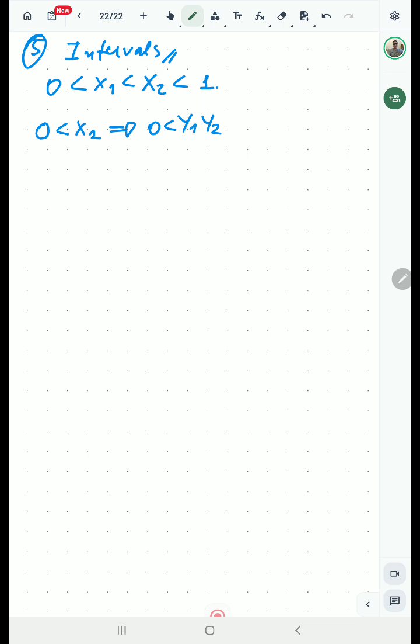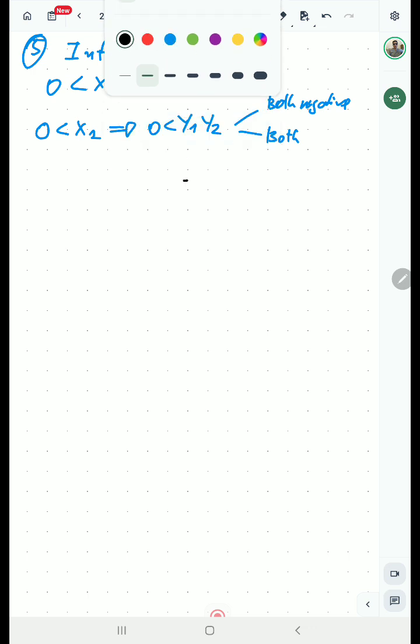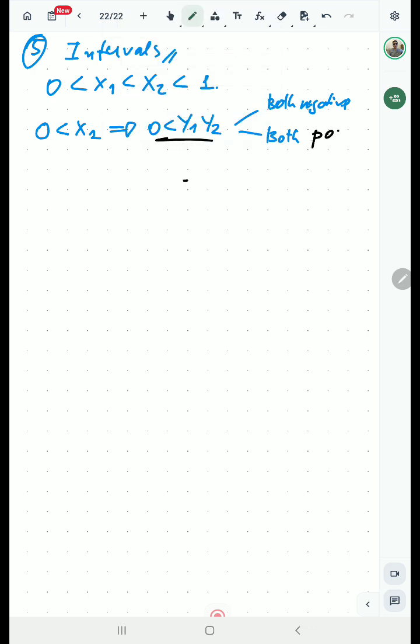You might have both negative, or both positive, both y1 and y2, because in both cases this condition is going to be satisfied, isn't it? But we say that y2 cannot be negative.